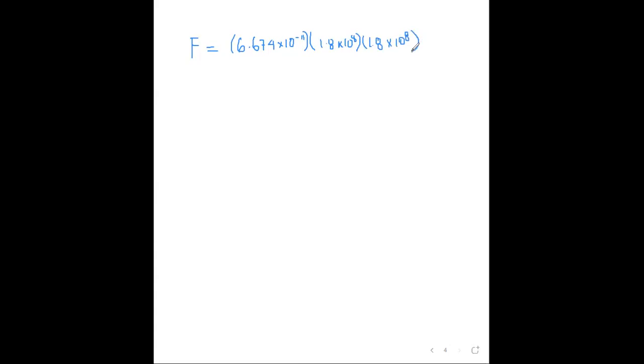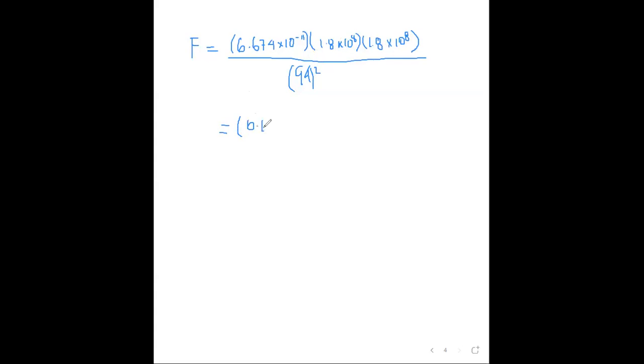And then we divide it by 94 meters squared, or just 94 squared. So you should have gotten in the numerator 1.8 times 10 to the 8 squared, which is just 3.24 times 10 to the 16.